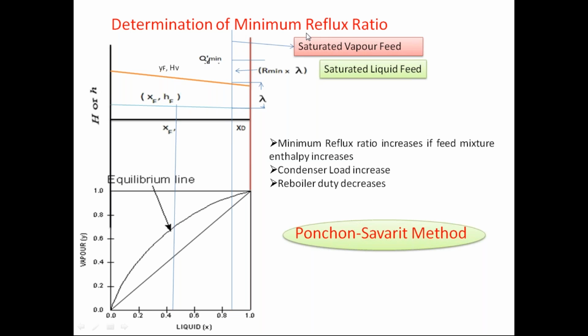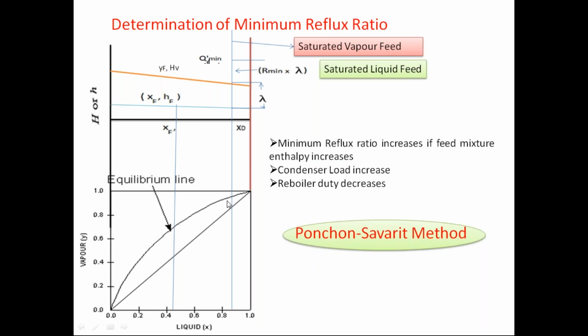So under the total condenser condition, and with a saturated liquid feed, and the composition of the top product which you require being xD, how do we find out the rest? The XY diagram will give the corresponding vapor liquid equilibrium compositions.